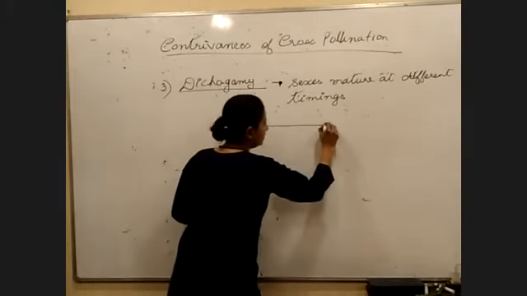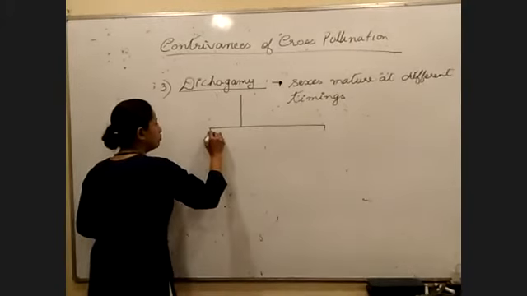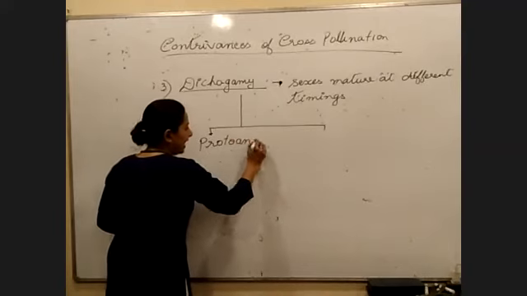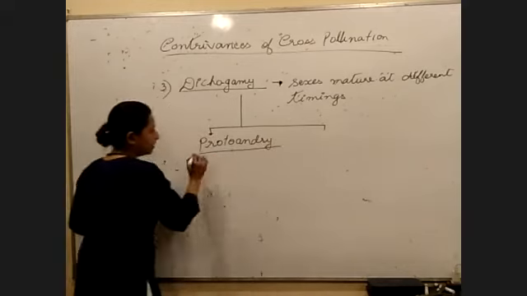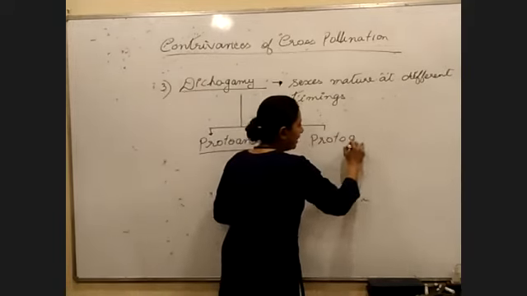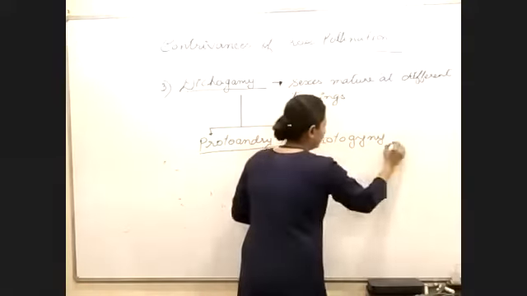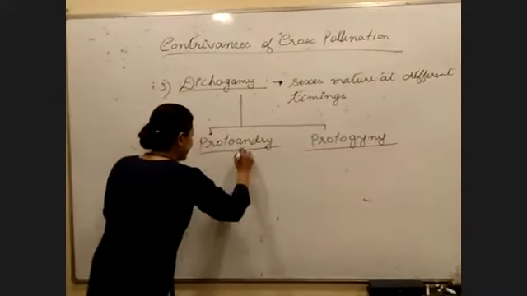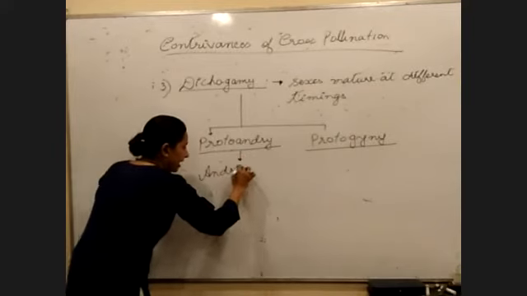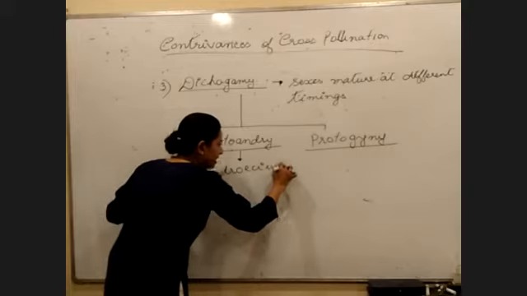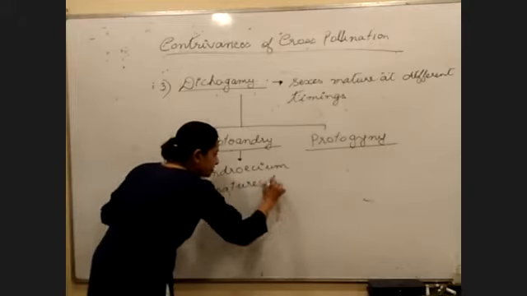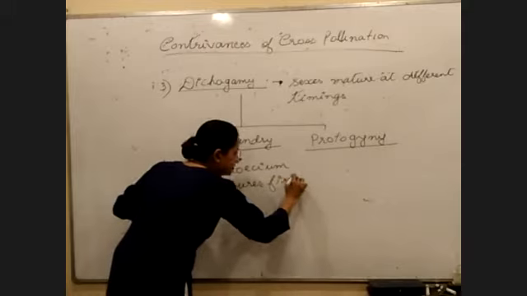So when we are talking about dichogamy, we have to use two words, protandry or protogyny. What is protandry? It is a condition where the androecium, or the male part, matures first.